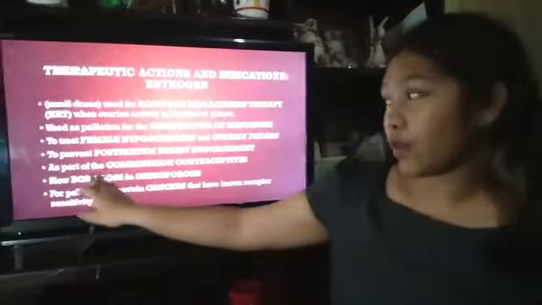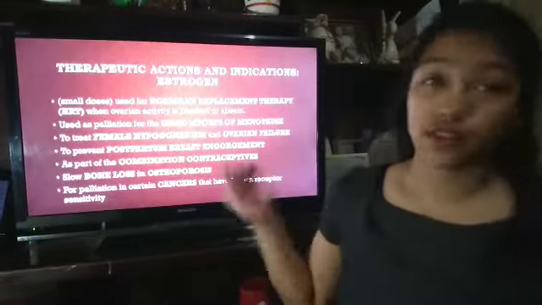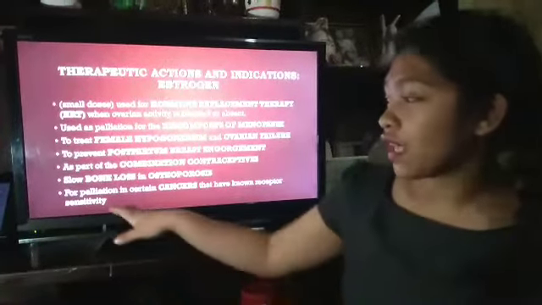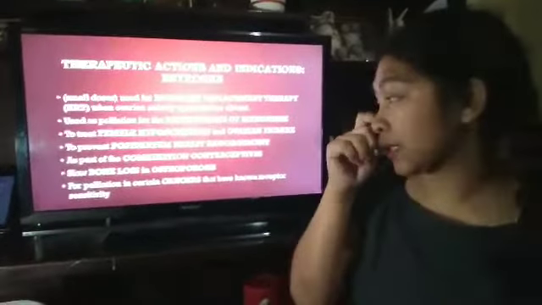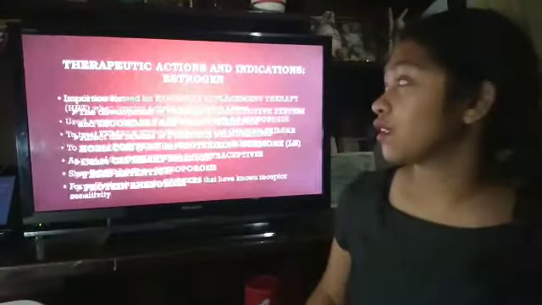It is also part of the combination contraceptives. It slows bone loss and osteoporosis, and relieves certain cancers that have known receptor sensitivity.